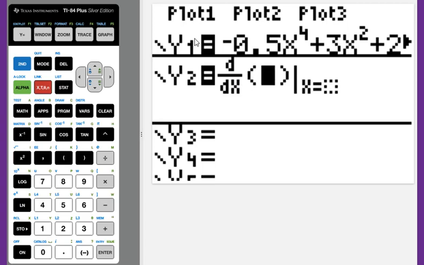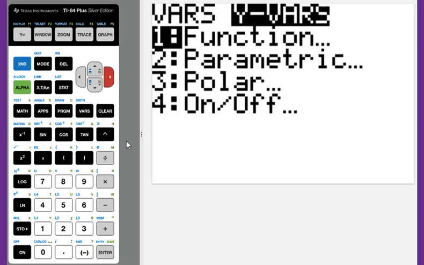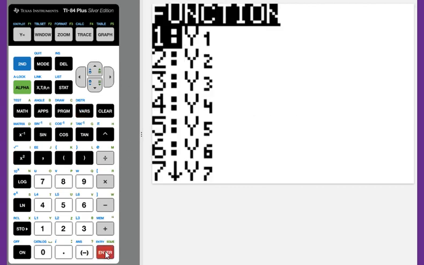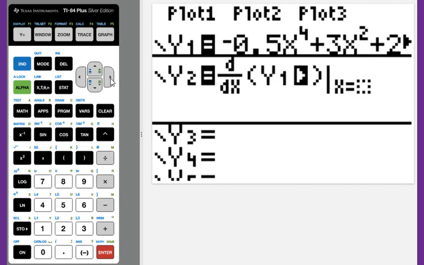We do the derivative of y1, so we go to variable, y variable, and get the y1. Then x equals x. This will be the first derivative of y1, which means it's the slope of a tangent line.